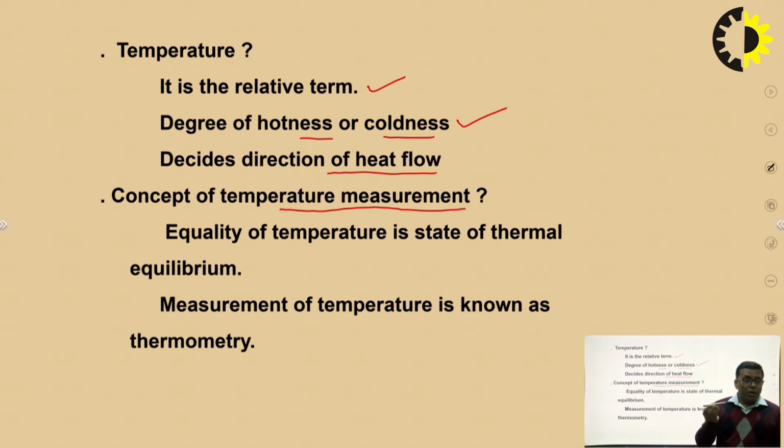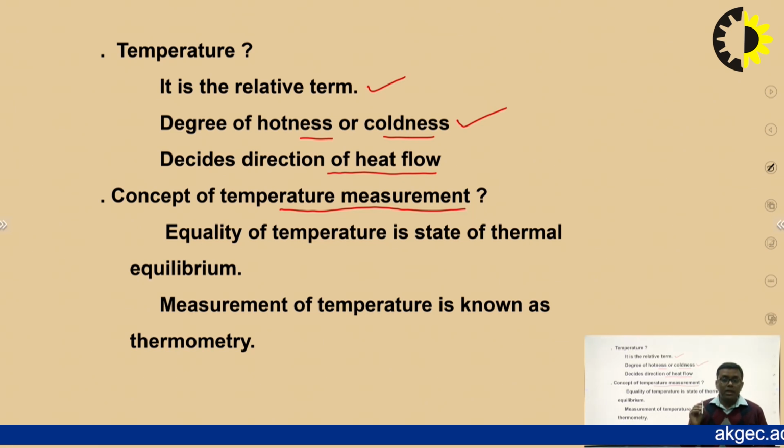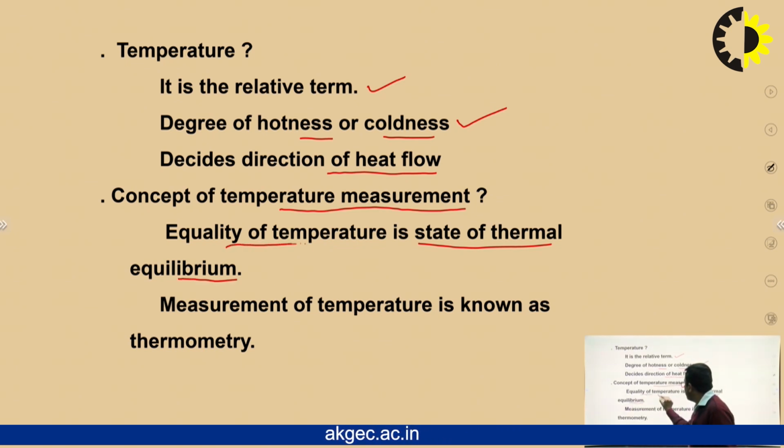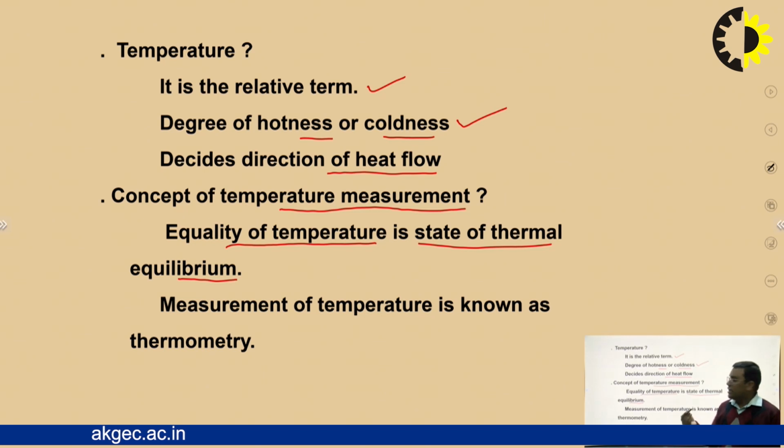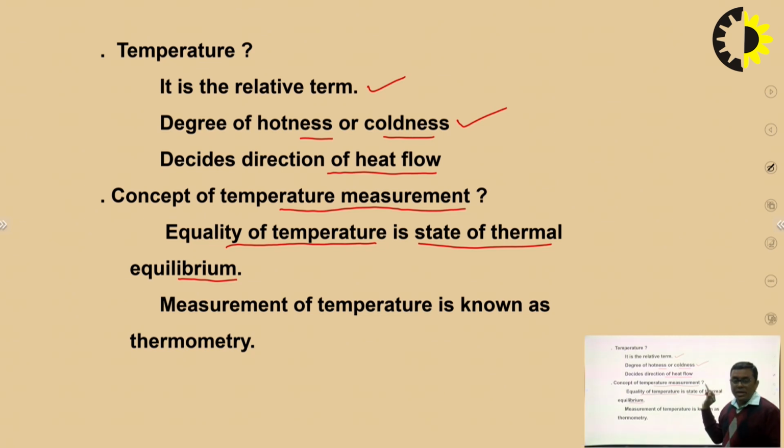If my body is at a higher temperature, heat transfer takes place from the body to the thermometer, up to the state of thermal equilibrium. It means the equality of temperature. When both bodies are at the same temperature, there is no transfer of heat. That is the basic concept when we measure temperature.